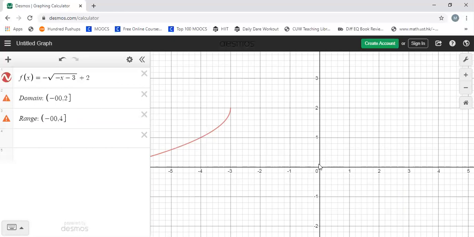At least for the parent function, hopefully you have it at least semi-memorized, right? It starts at 0, 0, comes through the point 1, 1, and then it starts growing slower, right? So it looks something like that. At 4, we'd be at 2, right? So something in that range, right?